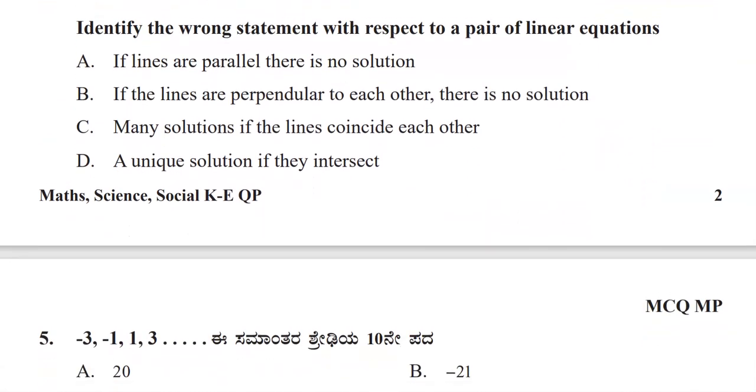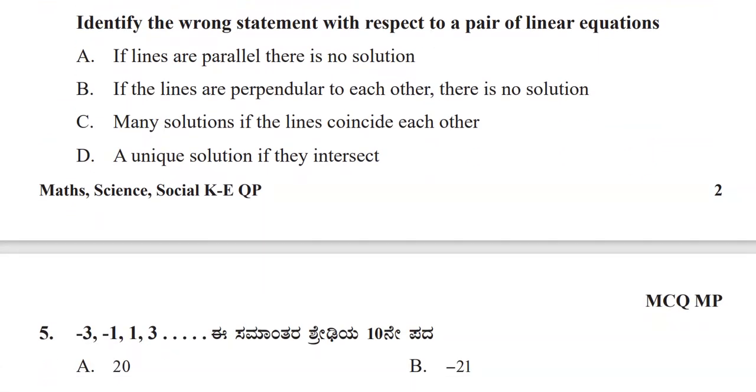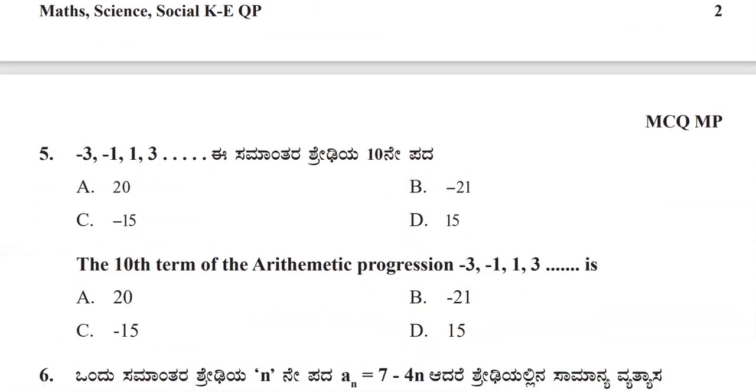Next, question number 4. Identify the wrong statement with respect to a pair of linear equations. Here the correct answer is option B: if the lines are perpendicular to each other, then there is no solution. Next, question number 5.